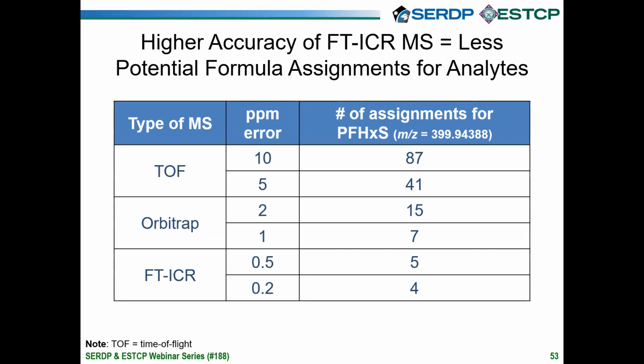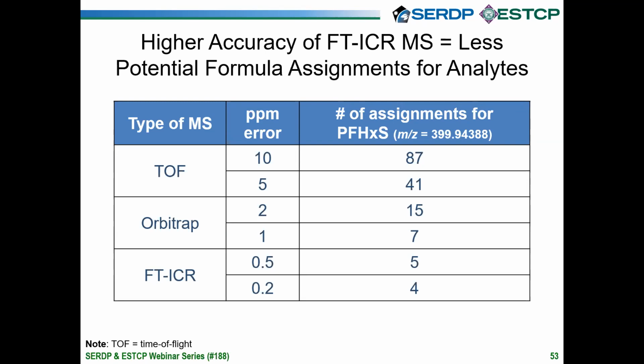With the FTICR-MS, and I will refer to our initial publication at the end of this presentation, we believe we can get down to below a ppm error of 0.2. But typically you'll be looking at a ppm error of about 0.2 to 0.5. So then you have about 4 to 5 potential assignments in this case. For some of the analytes we've been looking at, we have an unambiguous assignment at this point, but in this example of PFHxS, again, 4 to 5 potential formulas still for this analyte.